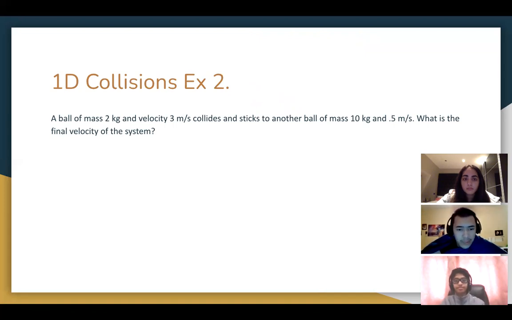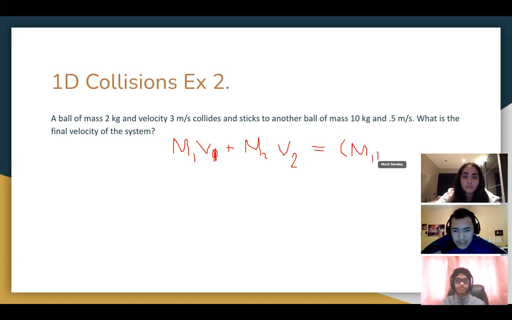So our formula is going to be M1 V1 plus M2 V2 is equal to (M1 plus M2) times V. Then we can simply solve for final velocity.